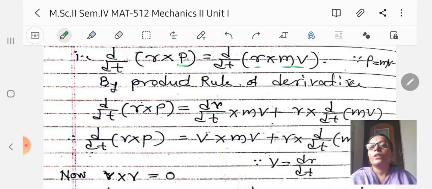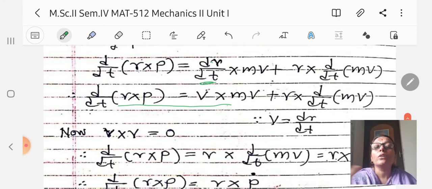Now d by dt of r cross p becomes dr by dt, which is nothing but v, so v cross m v, plus r cross d by dt of m v. But v is dr by dt, and we know the identity for the cross product, v cross v equals 0.